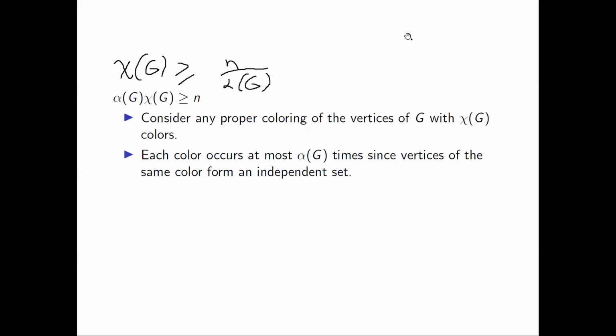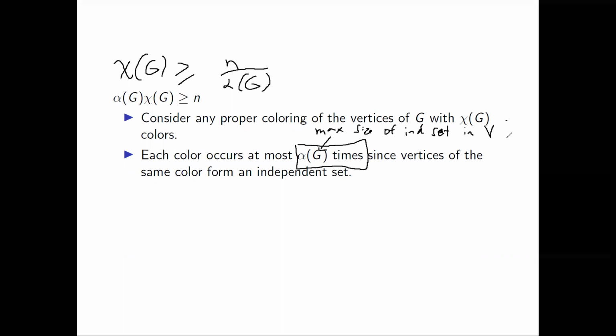So if we look at how many times each color occurs among the vertices of the graph, we see that each color can only occur at most the independence number of times, because the independence number is the maximum size of an independent set in G. So each color has at most independence number of occurrences among the vertices.